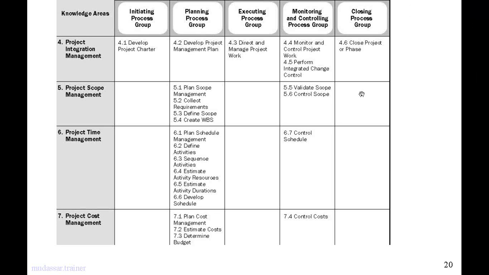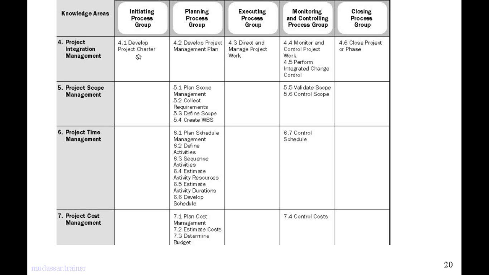So just have a look at it for now. We are not actually going to talk about each and everything. This is something which you will understand better once you're done with the entire thing. And at the end, you will realize, oh okay, this process comes here for that reason under this kind of process group. There's a reason behind why this process comes under a particular section. Just have a look at it.